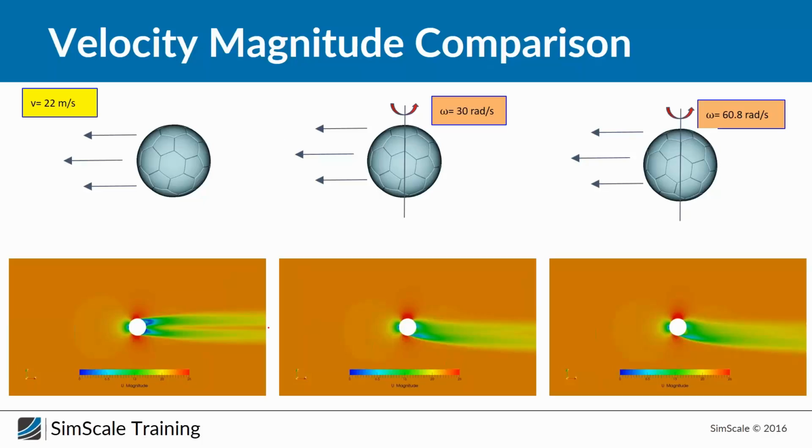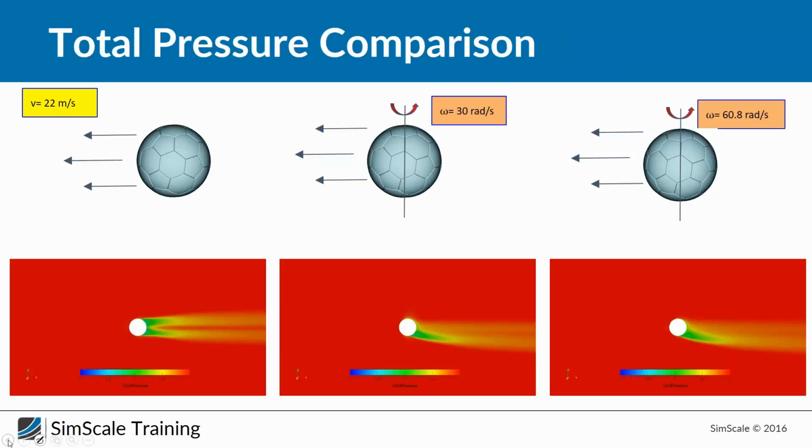This is a slice through the velocity field, and in both cases we are looking from the top on the ball.